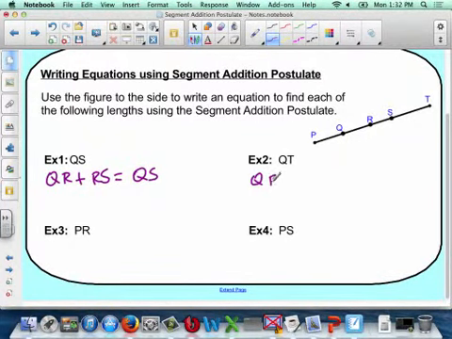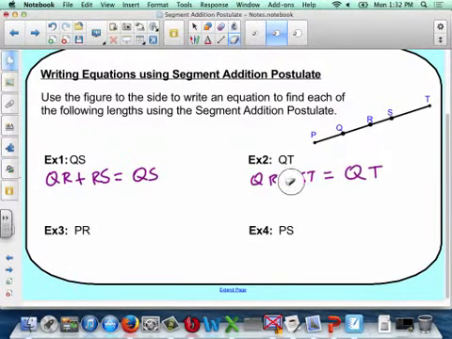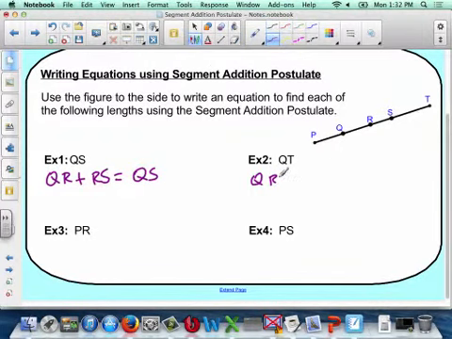QR plus ST, does that equal QT? Okay. Amber? Would there be QR plus RS plus ST? There we go. Yeah, we're missing a piece in there. So QR plus RS plus ST equals the whole thing.